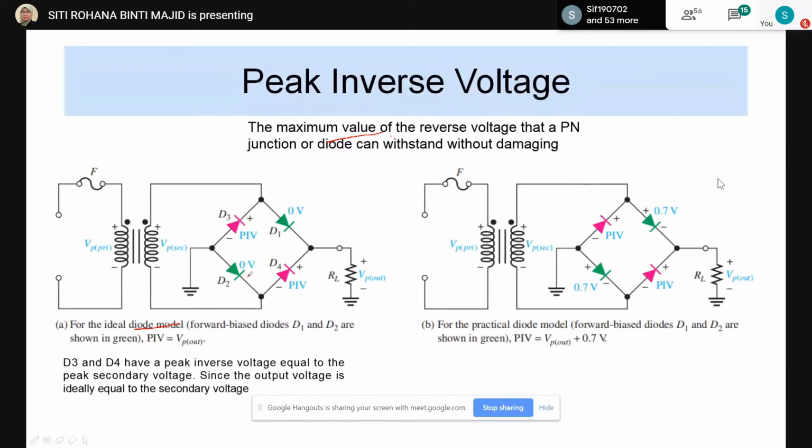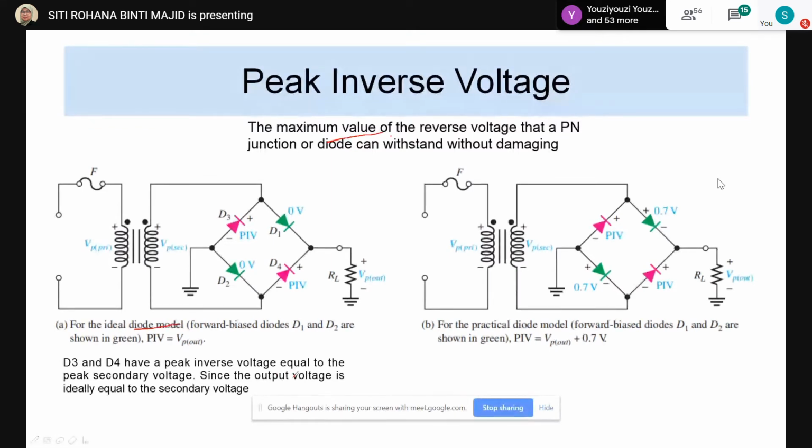And for D3 and D4 here, this pair will have a peak inverse voltage equal to the peak secondary voltage, because we know that the output voltage is ideally the same as the secondary voltage.